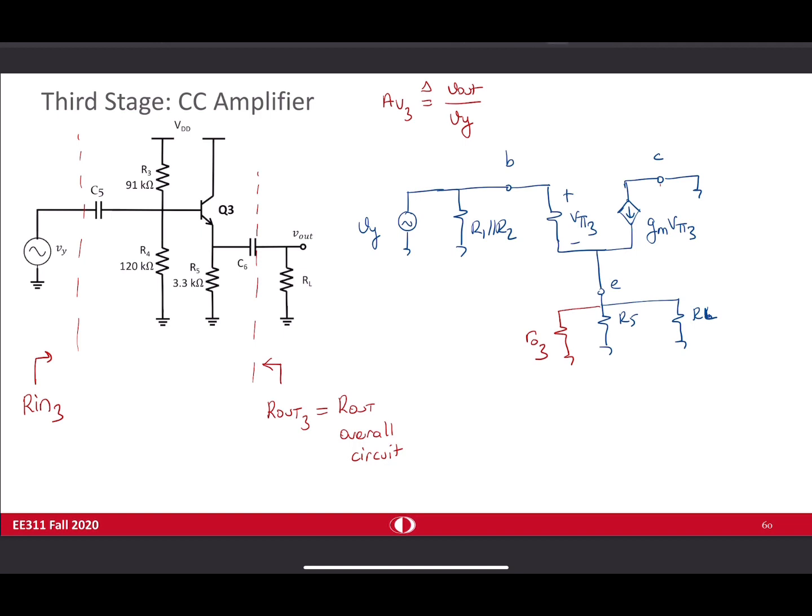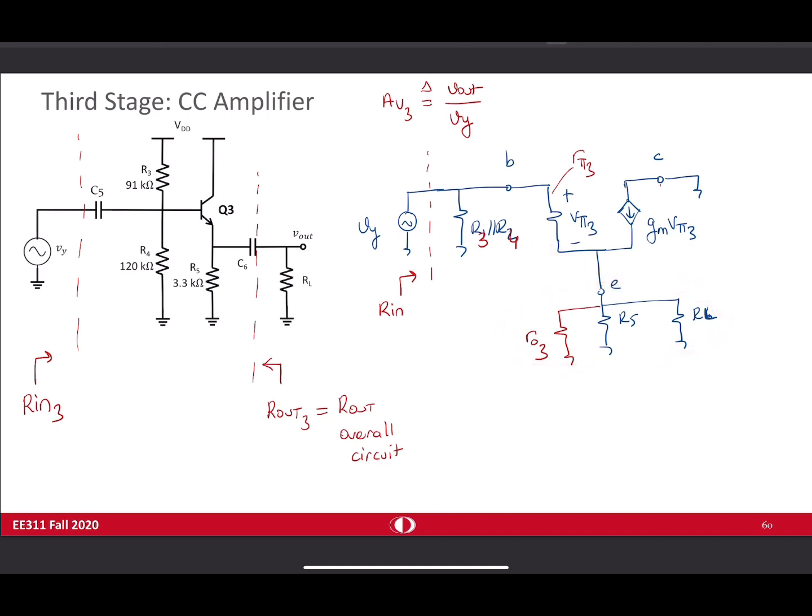And when you are looking for the input resistance, Rin, we have R1 in parallel with R2, sorry, this is R3 and R4, let's correct it. We have R3 in parallel with R4, and then we have the base resistance R pi 3, and we have to reflect this thing up in there by multiplying it by beta plus 1.